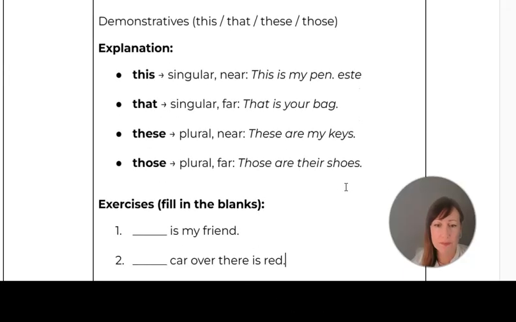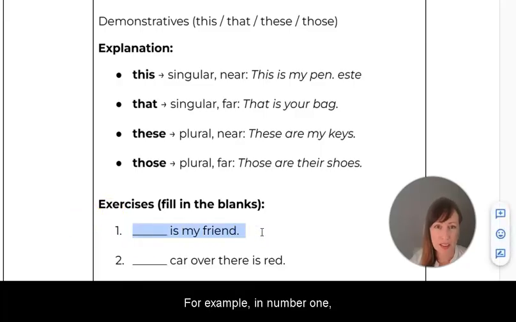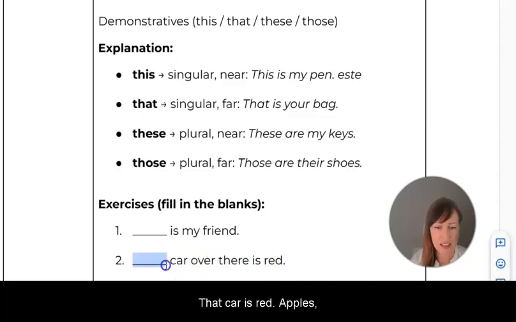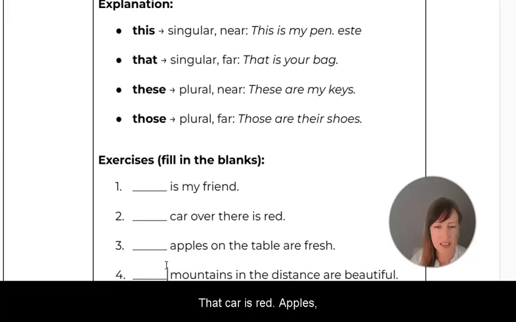Okay? For example, in number 1, this is my friend. Number 2, over there is far. That car is red. Apples, plural, on the table.